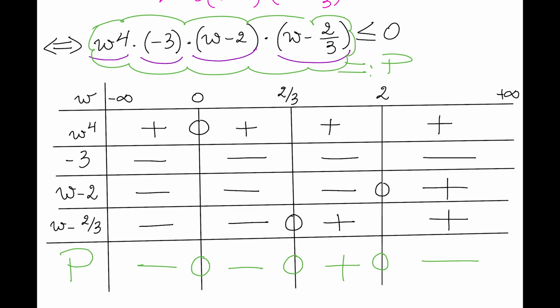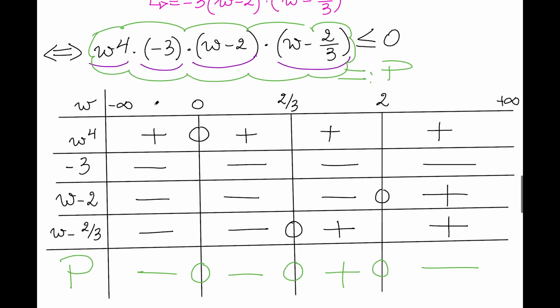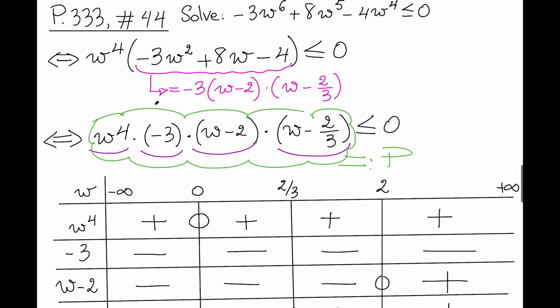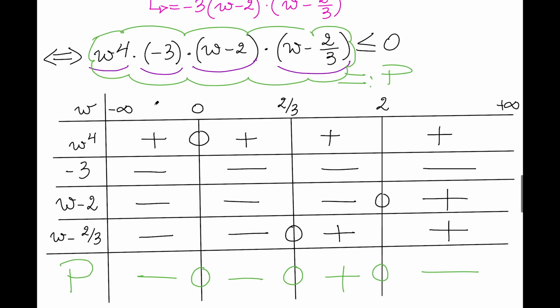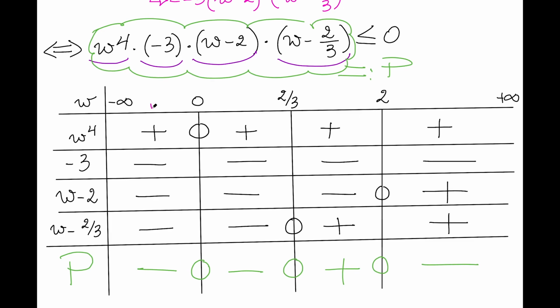And now let's go back and see what we really need. We want the product to be 0 or less. So negative or 0. Let's take a look at the variations of P. Negative or 0. This is negative. Sorry about that. This is negative. This is where P is negative.